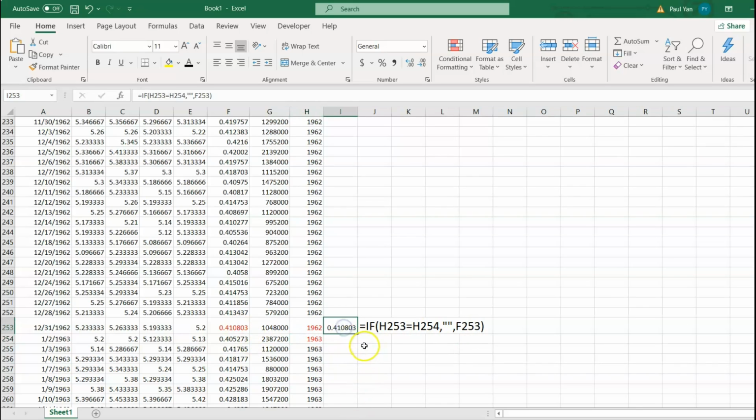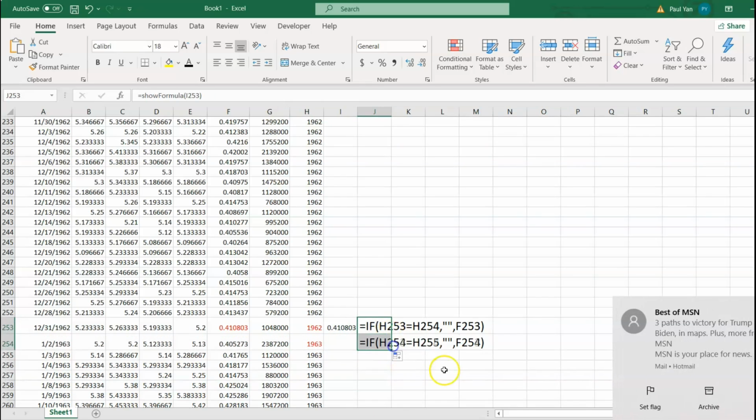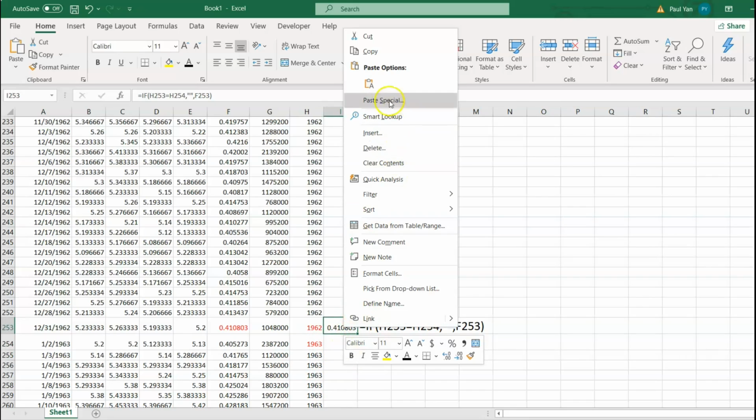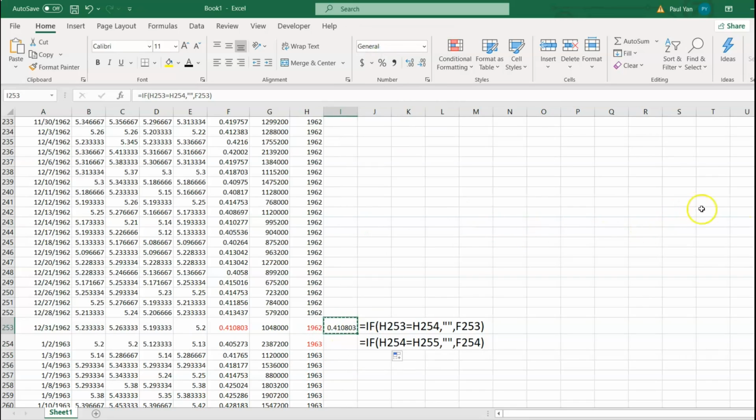So let's copy just one, and we copy here. Because these two values for 1963 are equal, we don't have anything. Then we are going to copy this formula.